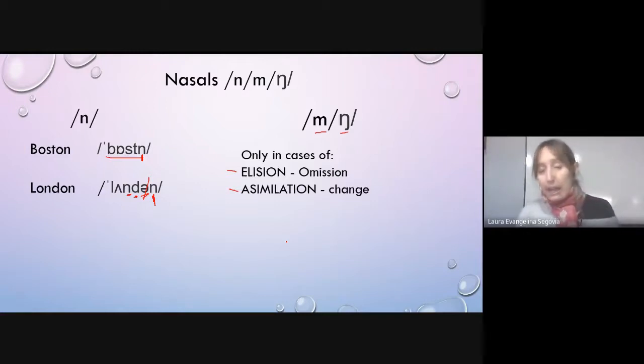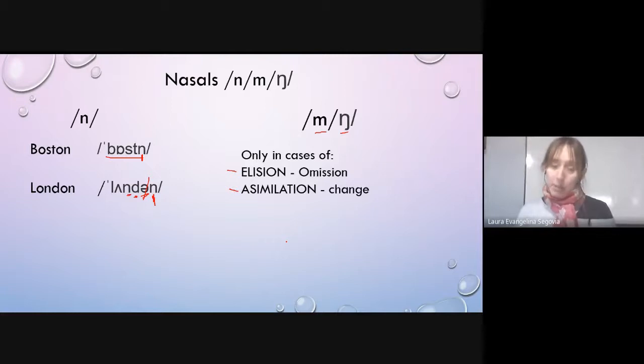Okay, elision is a device, write it down, that we can use the same way as assimilation in order to produce connected speech. Connected speech is the ability of joining sounds together in order to get fluency.